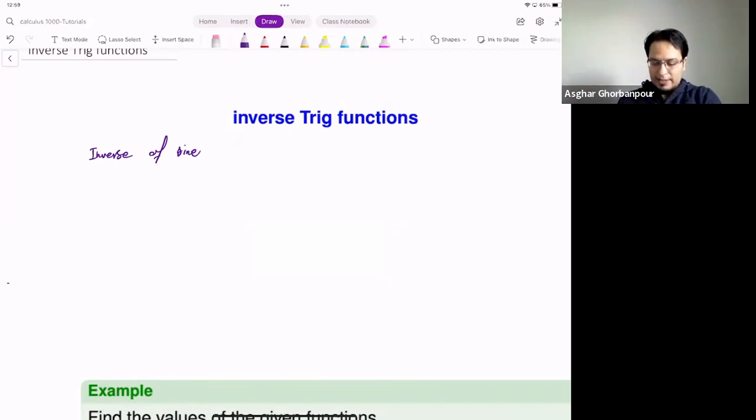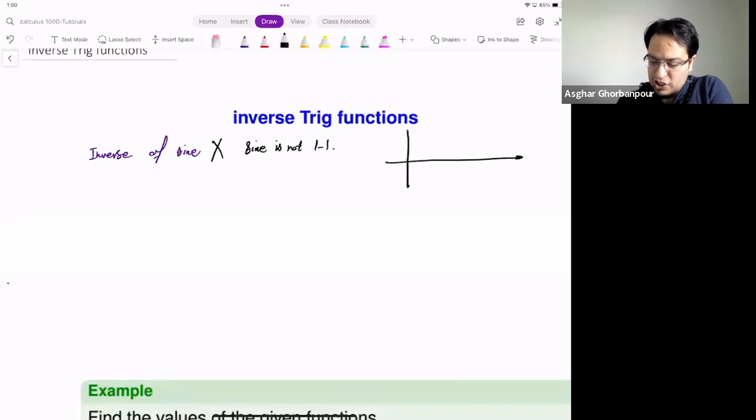But right away, I noticed that sine is not 1-to-1. First of all, why is it not 1-to-1? Just look at the graph of the sine function.